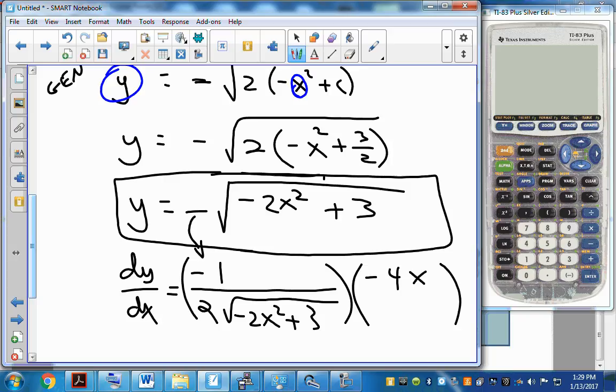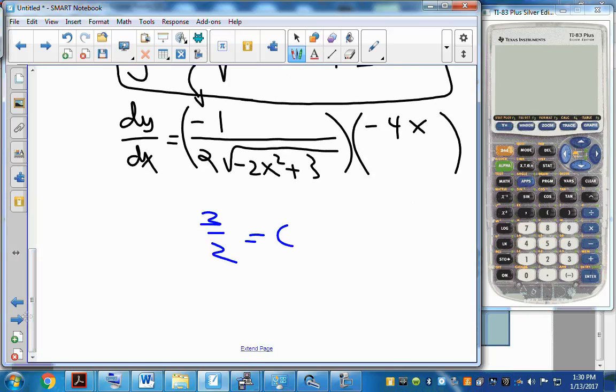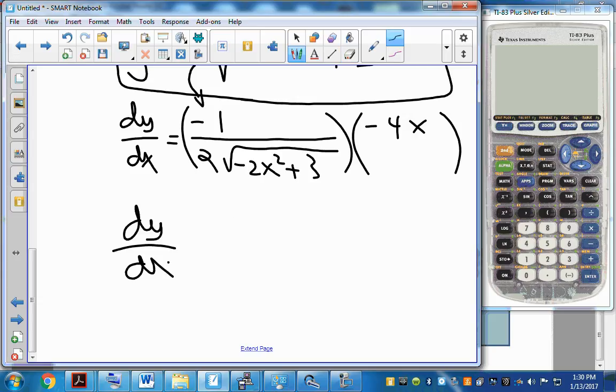Like that? Okay, so this derivative, dy dx, you don't have to do any of this, it's just sort of checking to make sure it works. Well, let's see, the negatives cancel. 2 goes into 4 a couple times, so I get 2x over the square root of -2x squared plus 3. Okay, so that's my derivative.